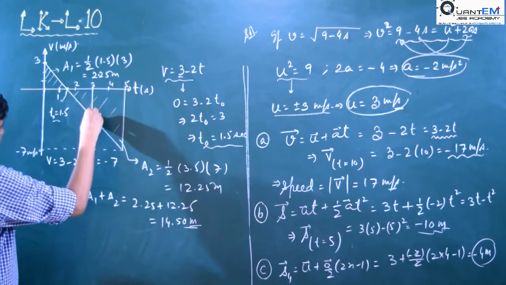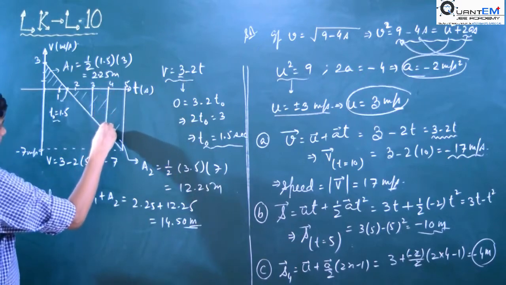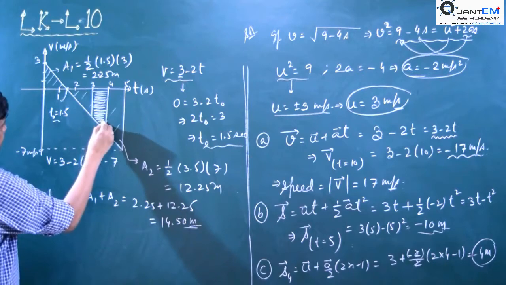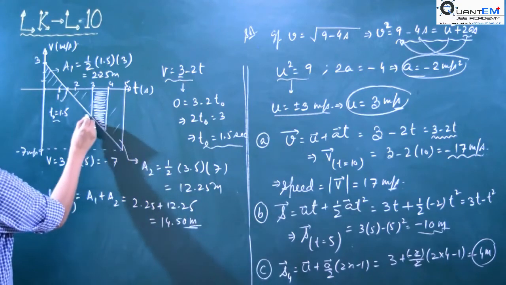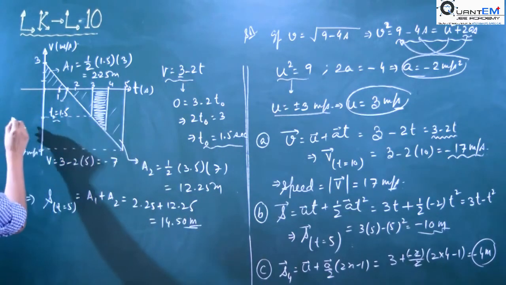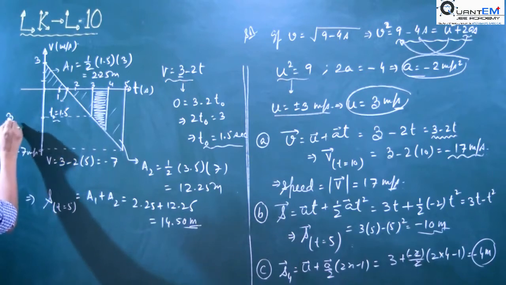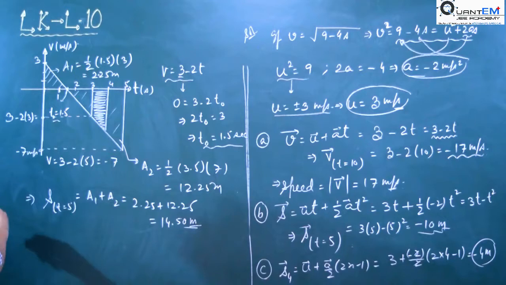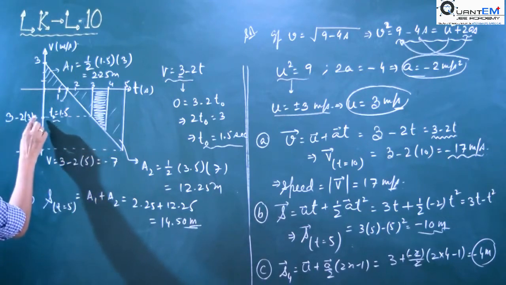The distance covered by the particle in the 4th second means you will have to find this area. So at the end of 3 seconds, velocity we have 3 minus 2 into 3, that is minus 3.